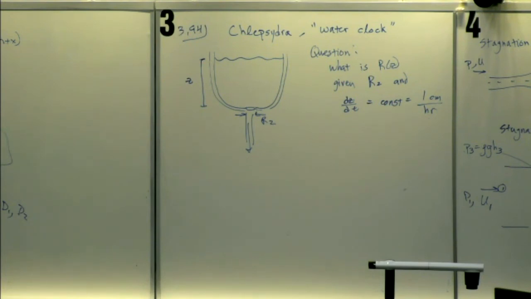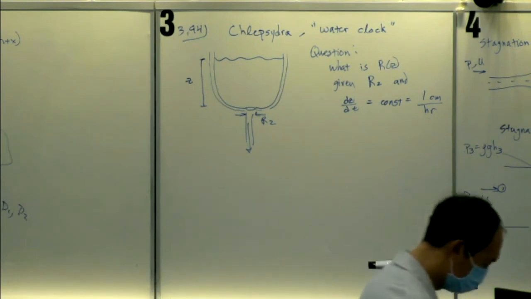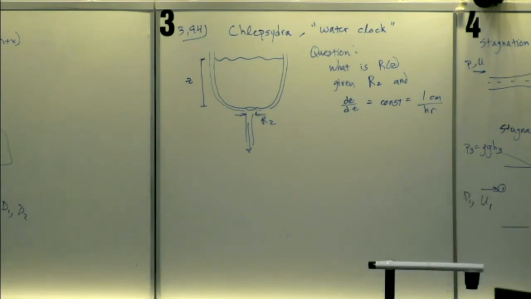And then you want the equation for R as a function of z. And you got to use these tricks. For example, the large container thing.